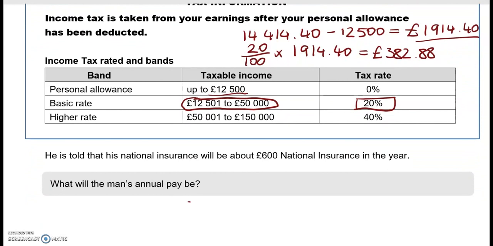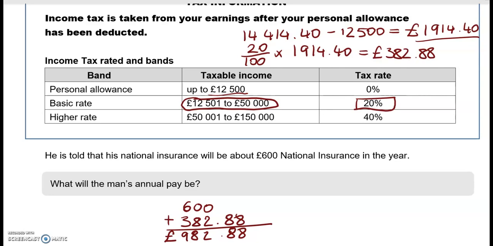He's also going to pay £600 national insurance, add the tax, that is £982.88. That will be deducted from the total amount.